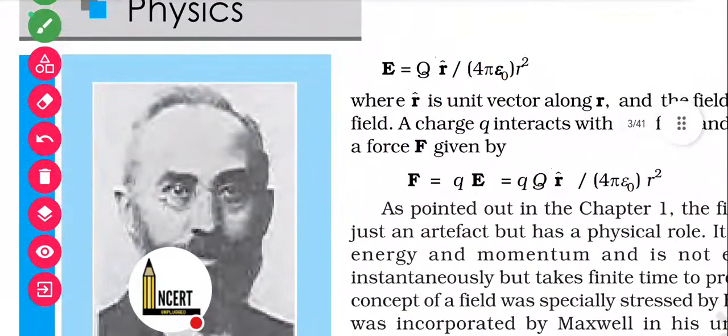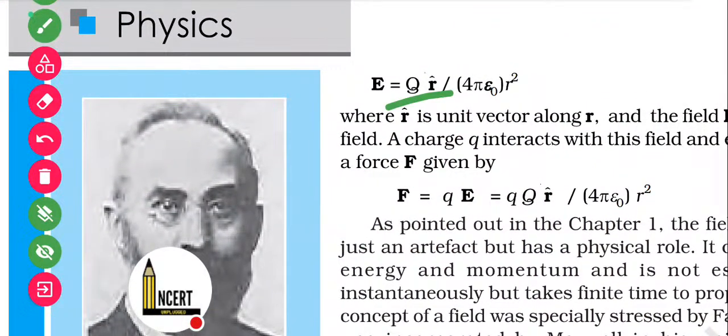Similarly here, that field for a point charge is given by Q, the source charge, times r cap, the unit vector direction, upon 4 pi epsilon naught r squared, where r is the distance between the point where we are considering the field and the charge Q, and epsilon naught is the permittivity of free space.